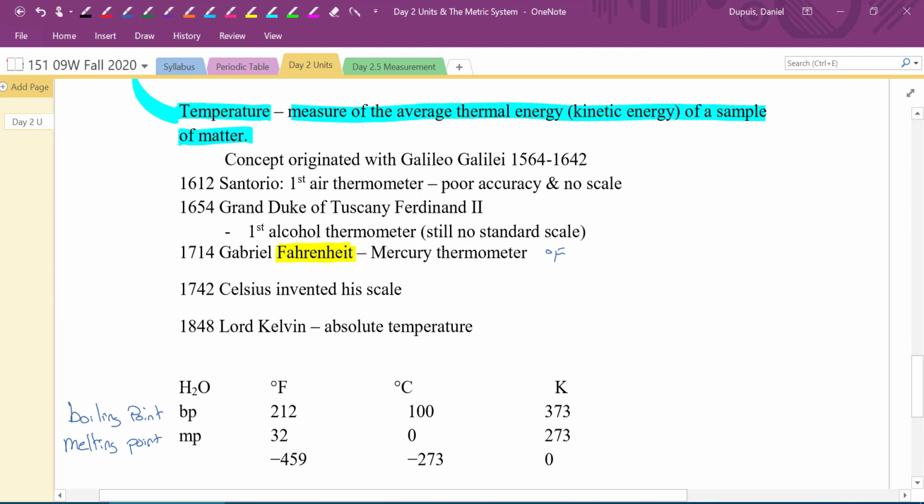Fahrenheit came up with his scale, and he used 0 and 100 for his references. 0 degrees Fahrenheit is where a saturated solution of salt water freezes.